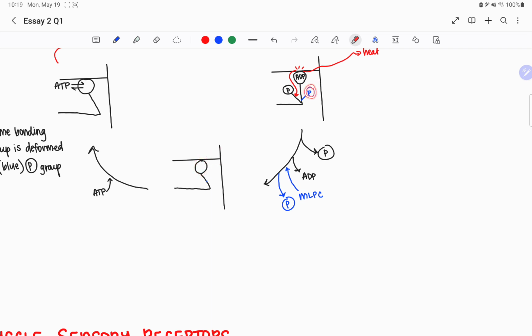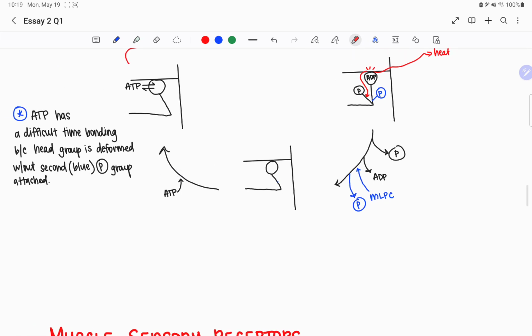If you remember, this second phosphate we add changes the head group into a pretty head group, so it's able to bind easier with things. Okay, now it's an ugly head group, but it is already bound here. Okay, so ATP, we try to add it in, it has a hard time binding to this ugly head group. Okay, it's going to take a lot of time for it to make that bond.